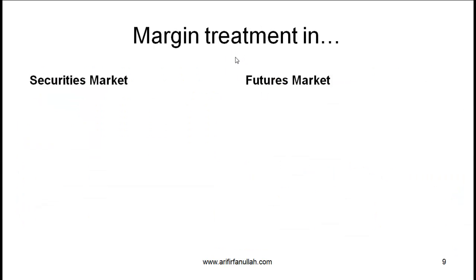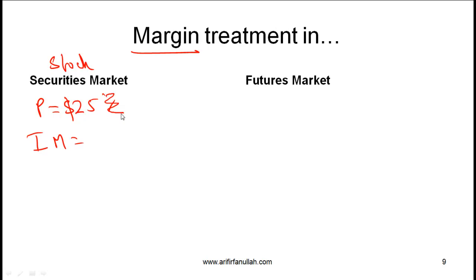Now, hopefully you have caught this, but just in case you did not, I want to highlight the difference in the way margin is treated in the securities market or the stock market versus the futures market. If you recall from your lectures on equity markets and when we talked about margin, let's say you bought a stock for $25 and let's say that your initial margin requirement was 50% and your maintenance margin was 25%.